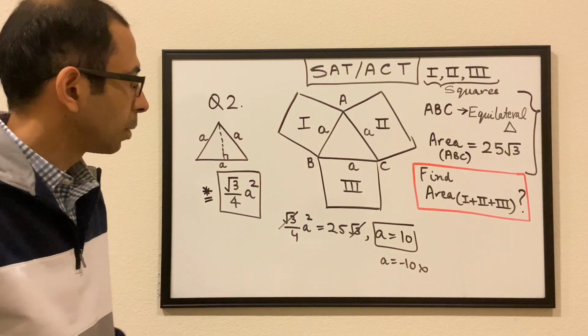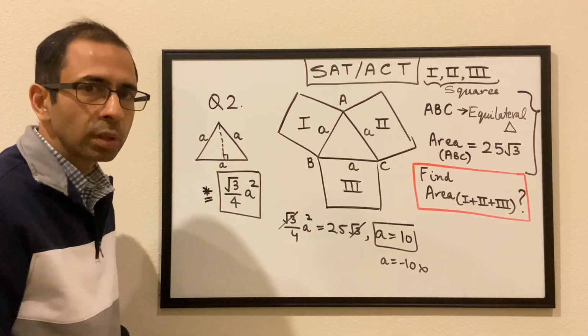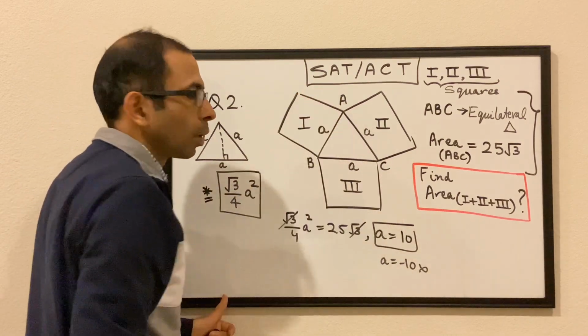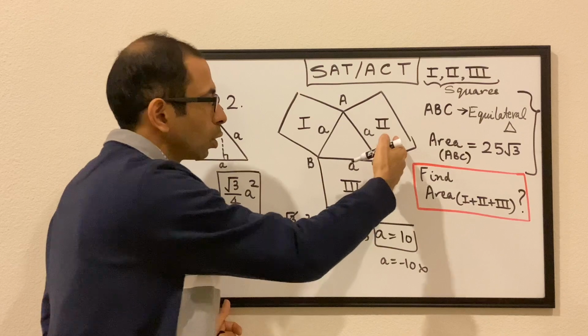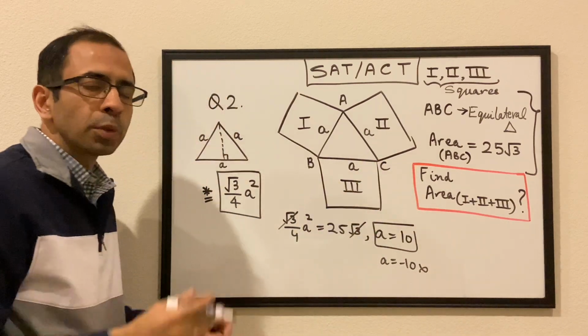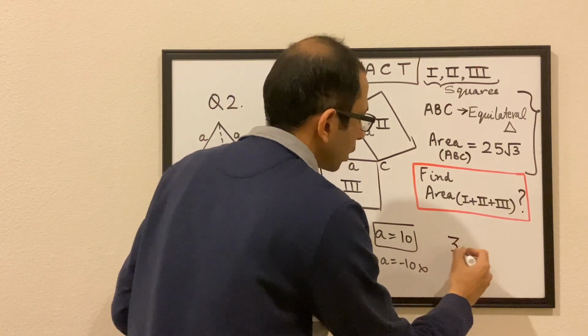So A equal to 10 basically when we use this. As soon as we know A equal to 10, the area of each of these squares is going to be 10 times 10, which is 100. So this is going to be 100, this is going to be 100, and this is going to be 100. So the area of all the three squares is going to be nothing but 300.